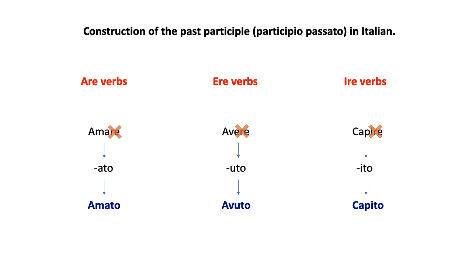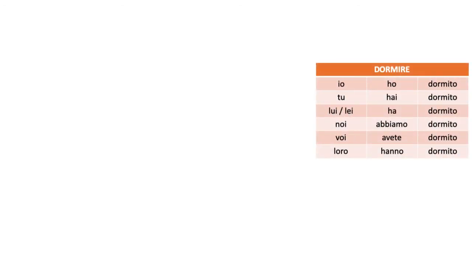Okay? So let's see some examples. For example, the conjugation of dormire, an ire verb, right? In the passato prossimo. Notice that it has 3 columns. Those are our 3 parts: subject, verb avere, and then participle, right?